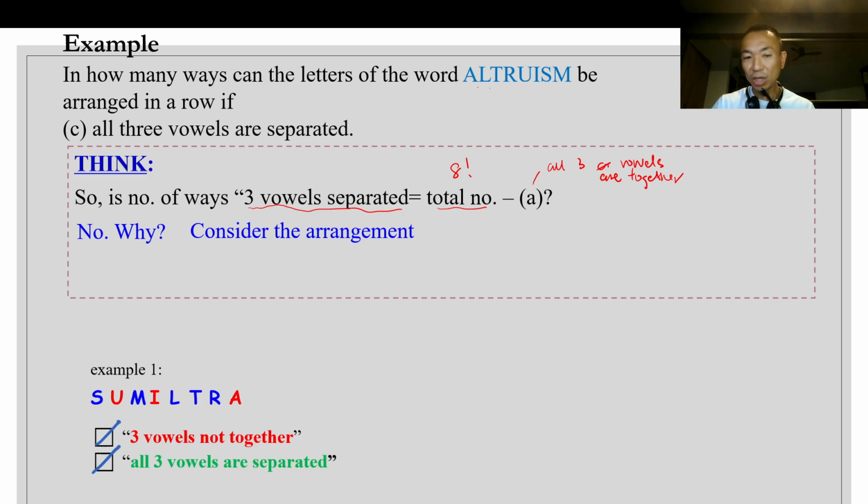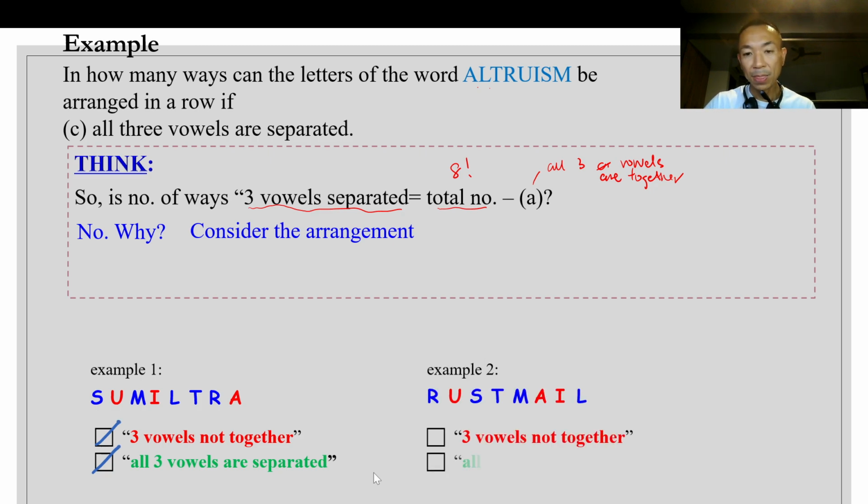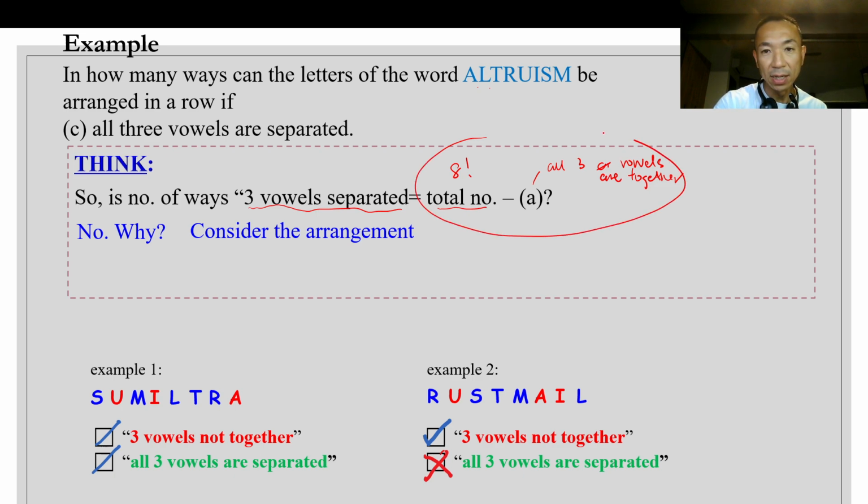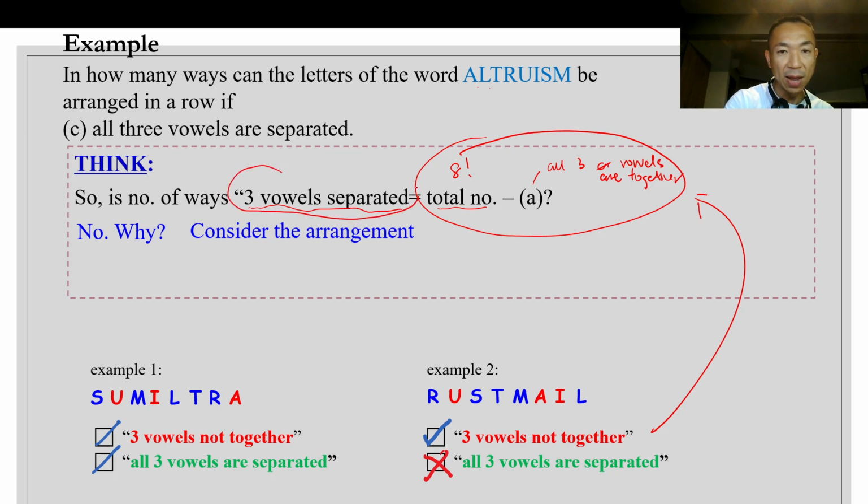But there are actually some cases where the vowels are not together, but not all are separated. So, if you take this, you actually will count this case in. But what you want is actually when all 3 are separated, really separated.